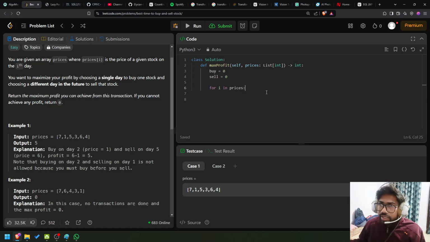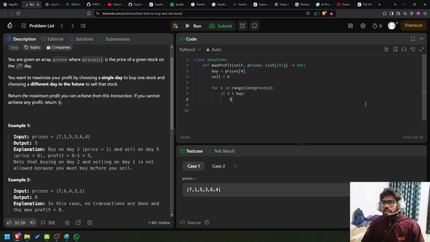So for i in prices, but I need the index, right? Yeah, fine. Range of len of prices.